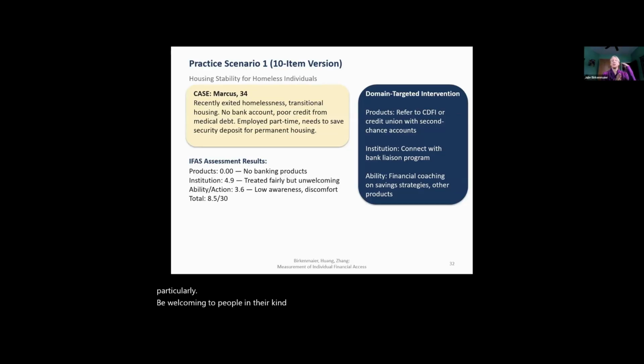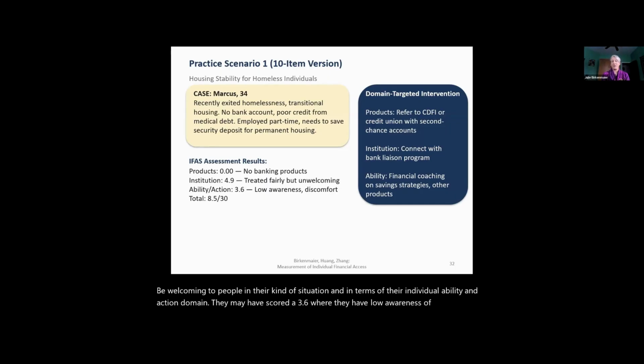In terms of the individual ability and action domain, they may have scored a 3.6, where they have low awareness of the products and services available to them, and they're not very comfortable with them. So their overall score would be 8.5 out of a possible score of 30, as Jin was mentioning.